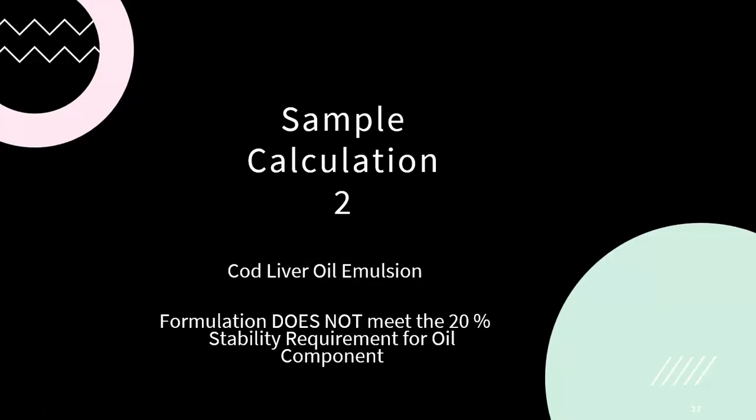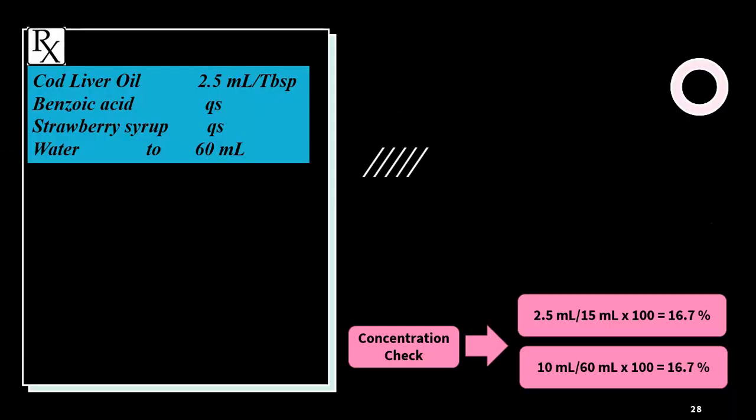That brings us to sample calculation number 2, where the stability requirement is not met and we have to add a bland oil. Using the same example, I've modified it. So let's read this prescription. Cod liver oil, 2.5 milliliter per TBSP, which means tablespoon.